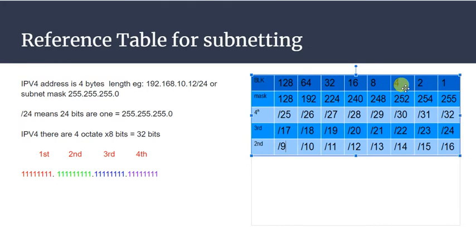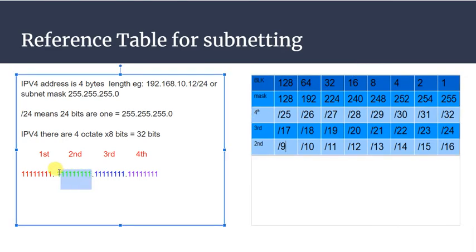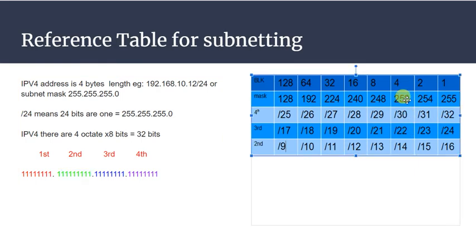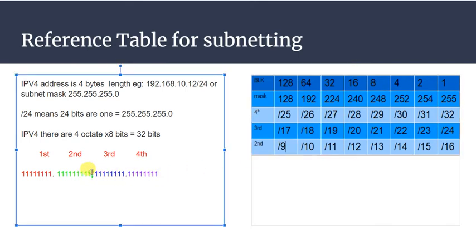So if you have slash 14 on the second octet, it is equivalent to 252 in the decimal value, and the block size will be 4. Similarly, slash 13 has a block size of 8. So the increment will be by 8. That is what block size means.